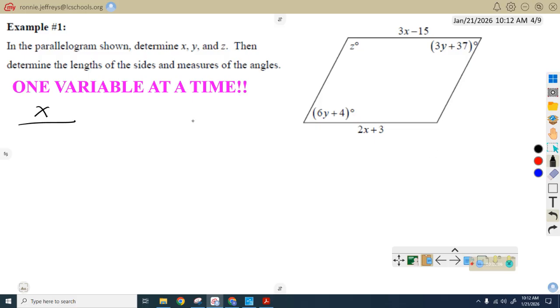We know that this is congruent to this, because that's one of our definitions we just had. So I can set it up like so, equals 2x plus 3. Once I have that set up, I can start solving.